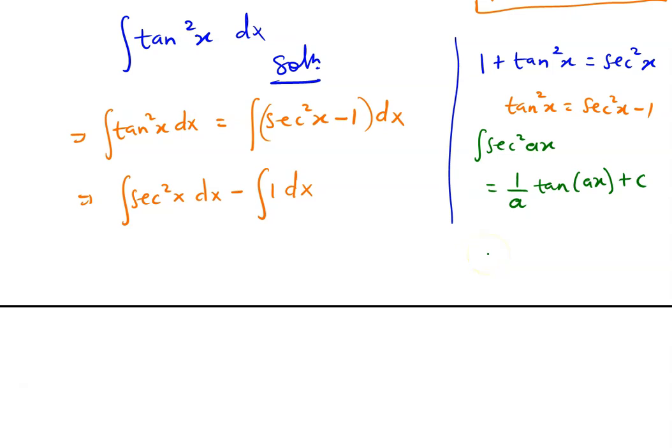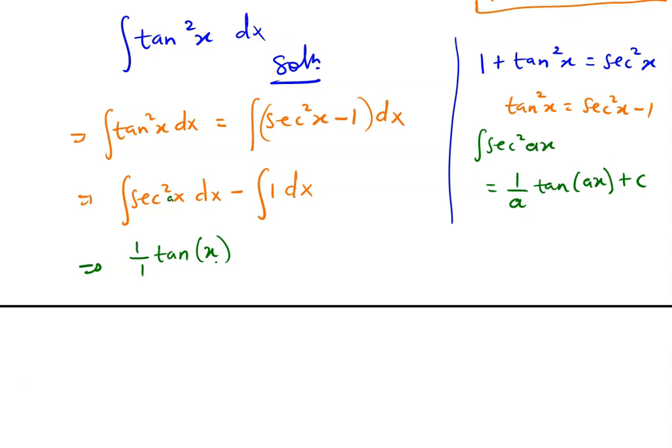If we apply the same to this side, what are we going to get? We are going to get 1 on 1. Here a is 1. So 1 on 1 tan 1x, which is the same as tan x.